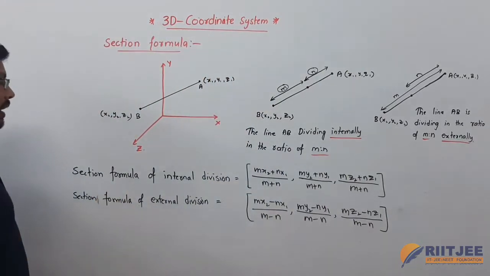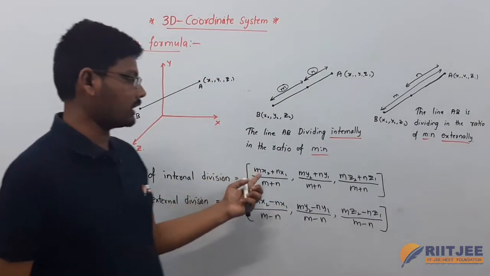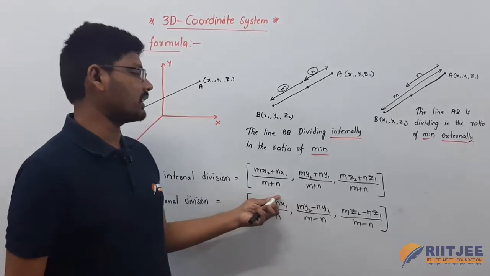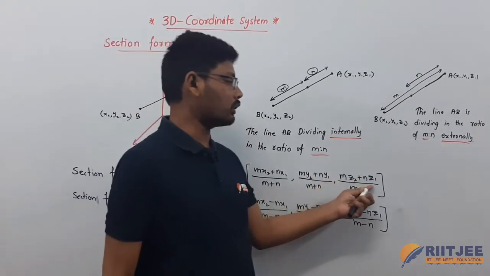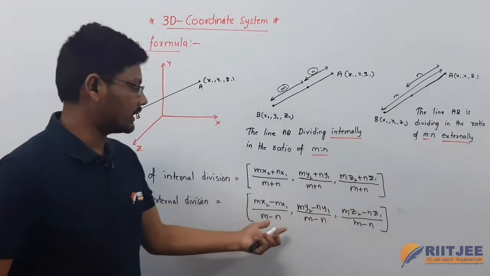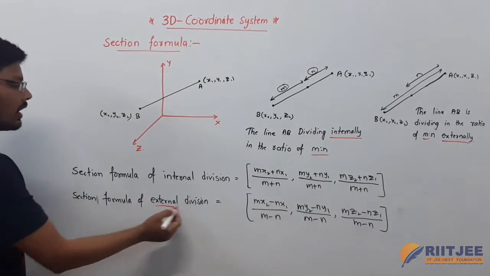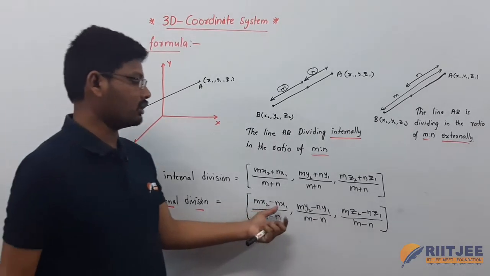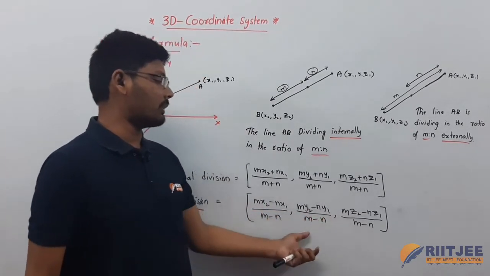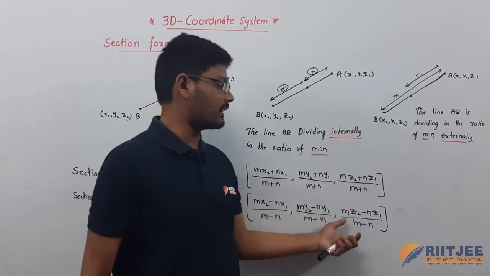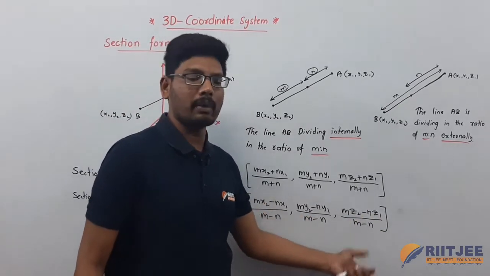Here the section formula of internal division is mx2 plus nx1 by m plus n comma my2 plus ny1 by m plus n comma mz2 plus nz1 by m plus n, as well as external division section formula is mx2 minus nx1 by m minus n comma my2 minus ny1 by m minus n comma mz2 minus nz1 by m minus n here.